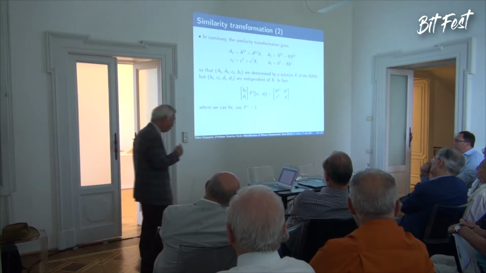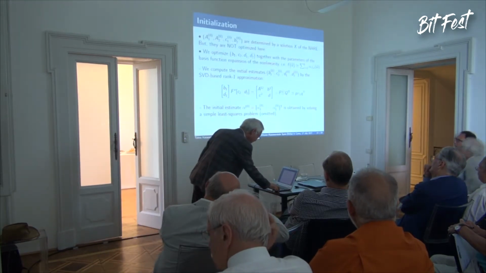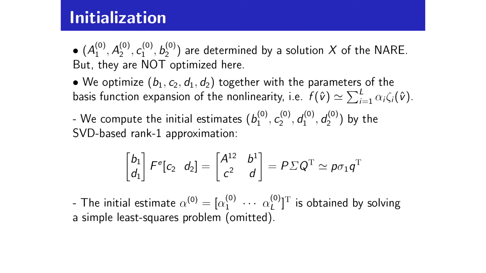F is the equivalent gain, but this can be assumed to be 1, which is also without loss of generality. So now we have the initialization of this form. A1, A2, C1, C2, B2 are determined by the solution of the nonsymmetric ARE.